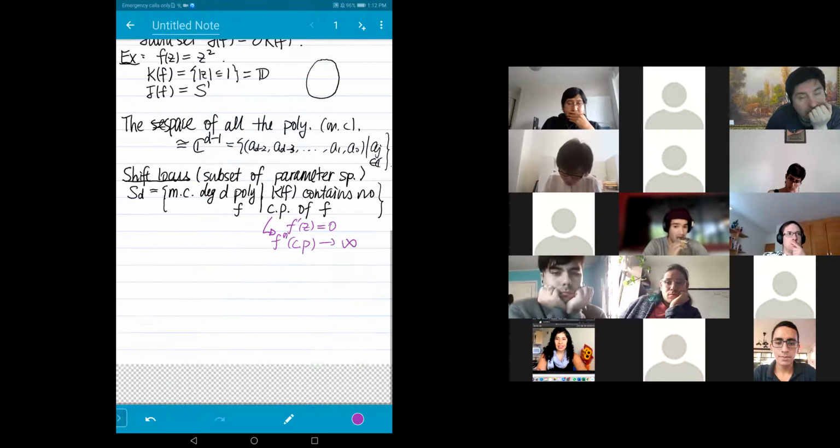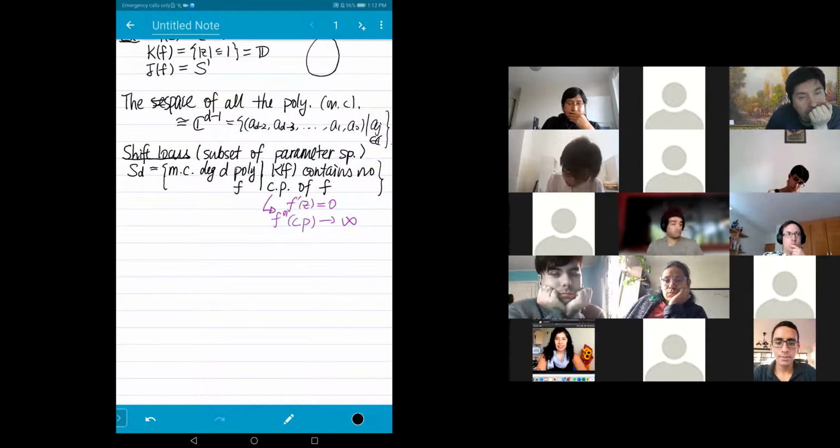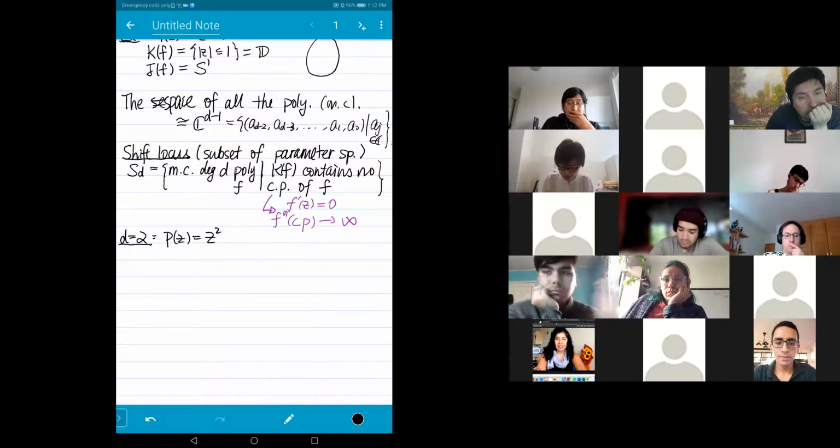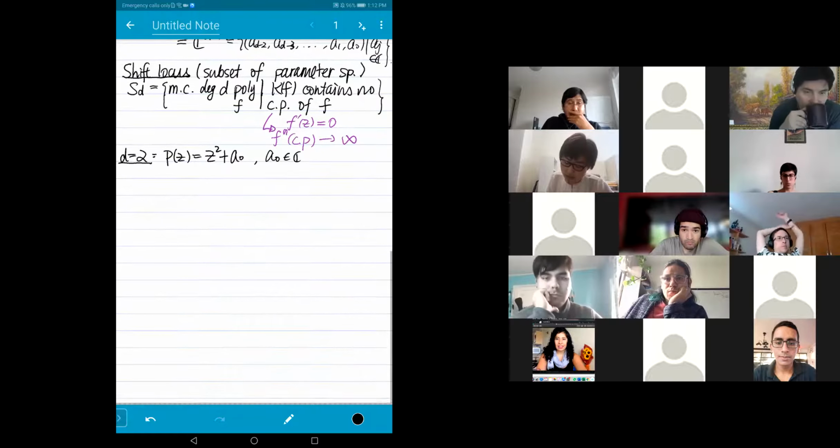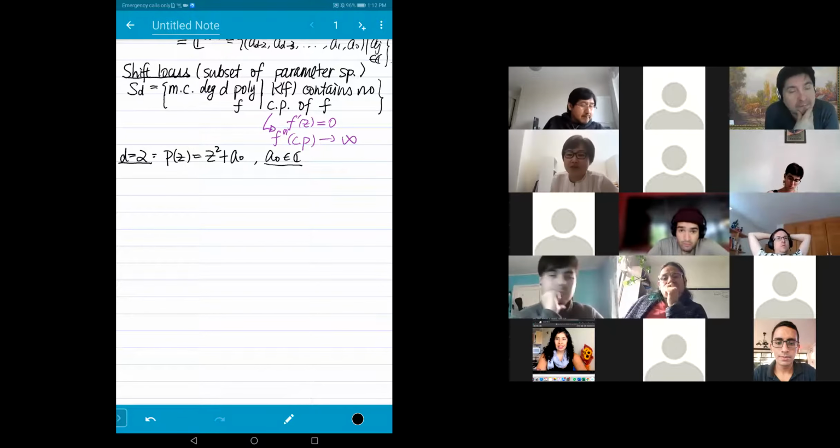So again, to get an idea, let's look at what happens for degree 2 polynomials. So we have P of z. The degree is 2, so we have z squared plus, since it's centered, there's no z term, a_0, where a_0 is a complex number. So the total space of quadratic polynomials is the complex plane, right? So it's parameterized by this c. And what is the shift locus in degree 2? By definition, we need to look at what the critical point is doing.